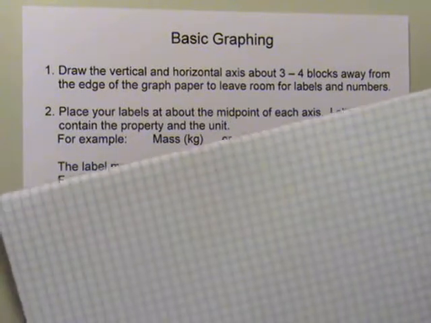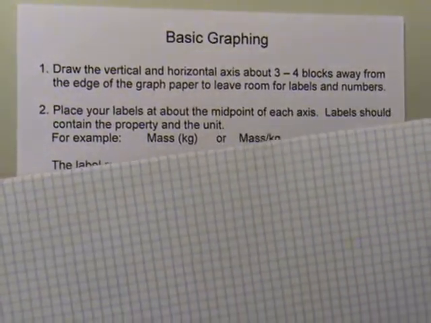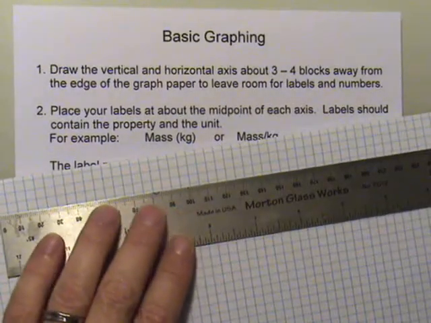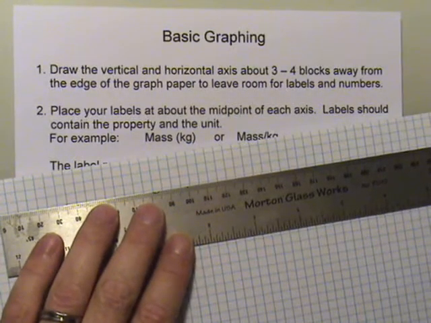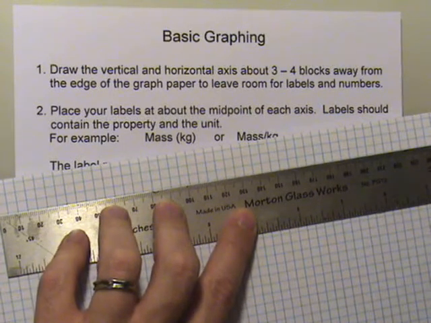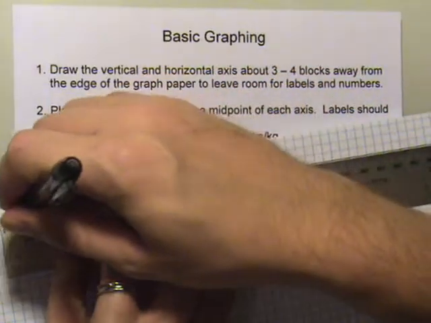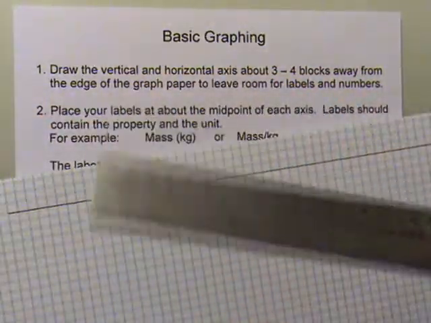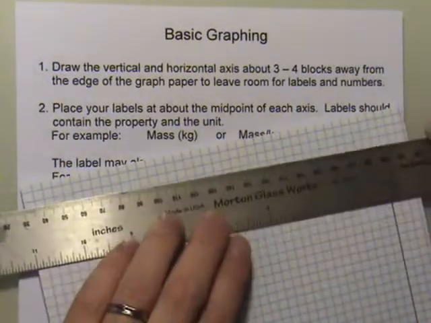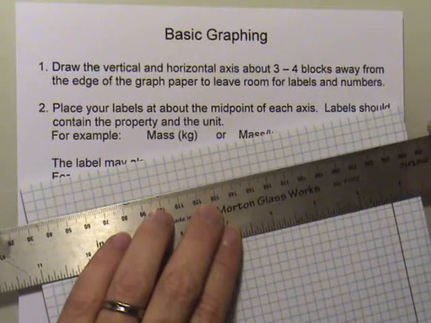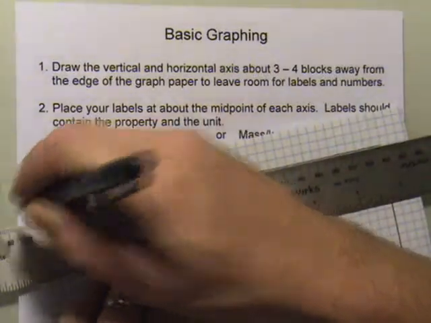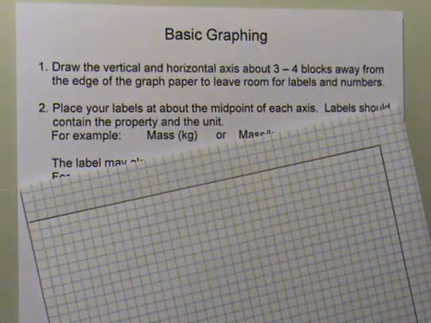So, for example, on this paper, I will take a ruler and come in about 3 to 4 blocks, and place my vertical axis, and my horizontal axis.